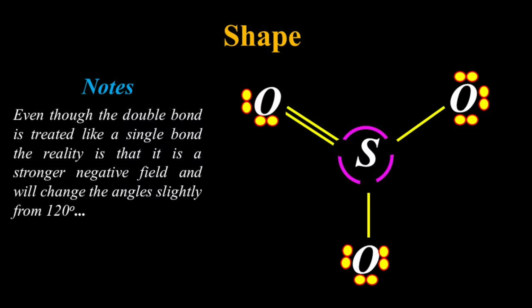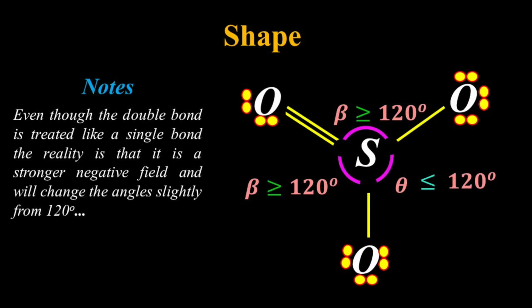They all should be 120 degrees, but they'll be a little bit different. The beta angles will be a little greater than 120 degrees, and the theta angle will be a little smaller than 120 degrees. So that's what it will look like. The beta angles will be a little greater or equal to 120, and the theta angle will be a little bit less than or equal to 120.